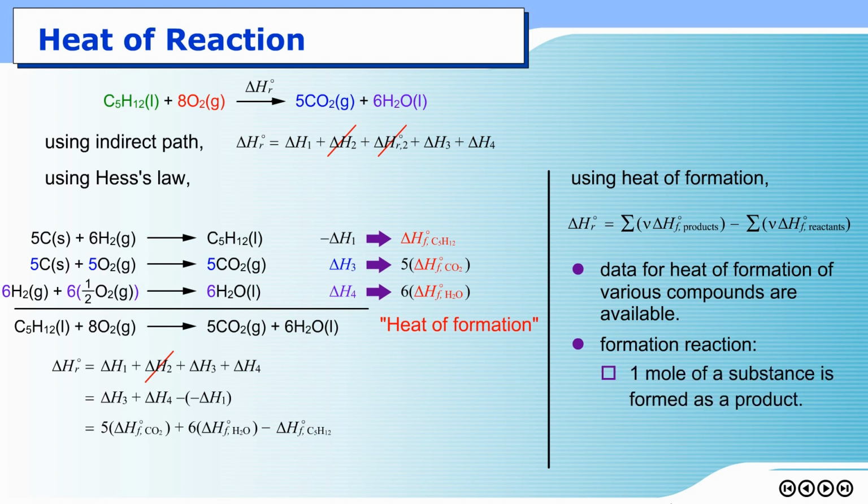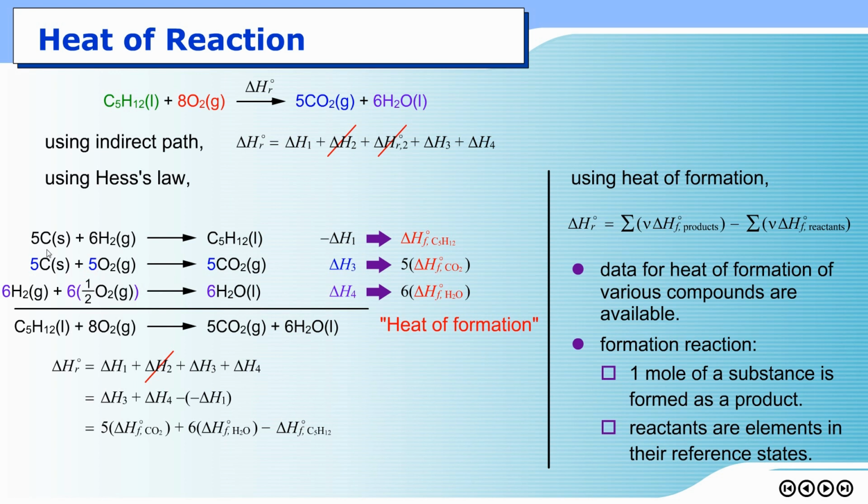Okay, so once again, the characteristic of a formation reaction is basically that 1 mole of substance is formed as a product. So on the right hand side, there must be only 1 mole of substance. On the left hand side, reactants are elements or compounds with single elements in the reference state. What does it mean, the reference state? Just like this.